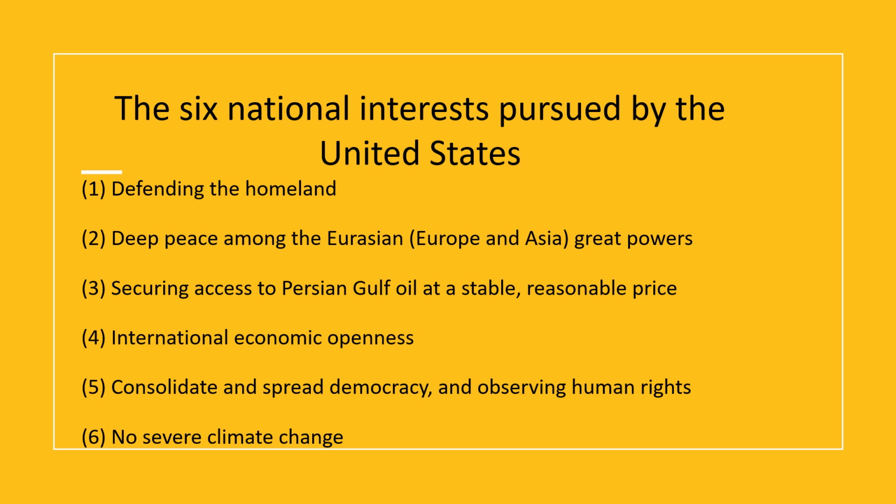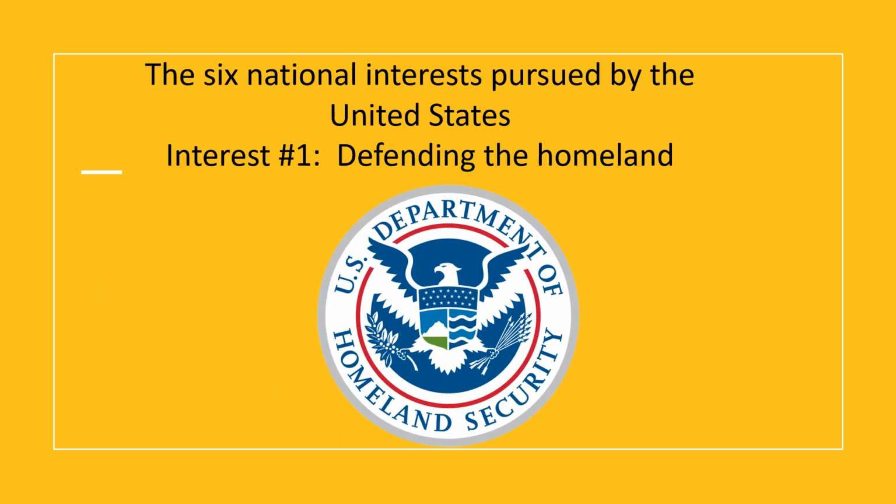And then finally, an emphasis of a national interest is no severe climate change, that efforts to protect the climate are in place in order to ensure that there's not significant changes such that there would be intense flooding, intense heat, intense weather. So now we're going to be looking at each of these issues individually.